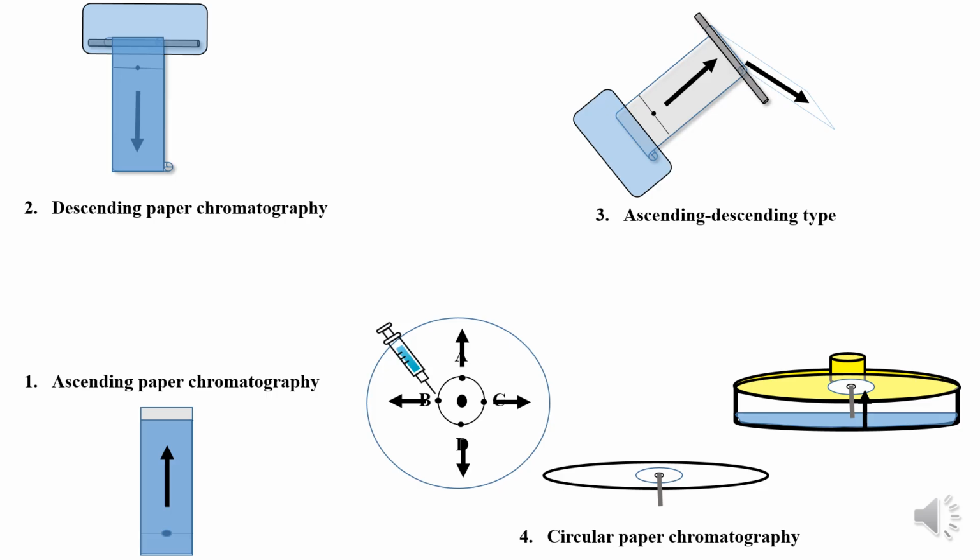Along with the flow of the mobile phase, the 4 sample mixtures applied on the baseline, A, B, C and D, get separated into individual components. The advantage of the circular paper chromatographic method is that a greater number of sample mixtures can be applied on the baseline.